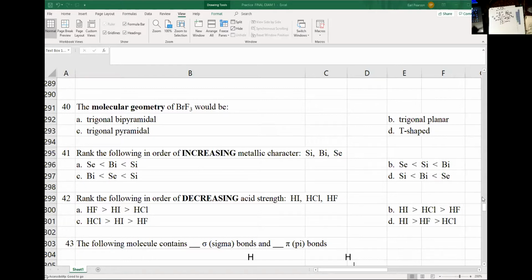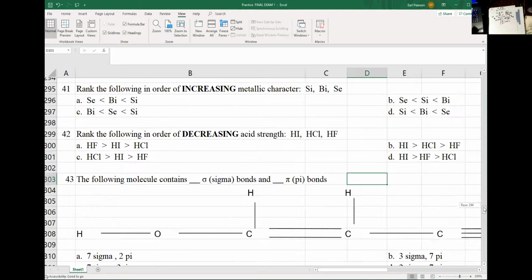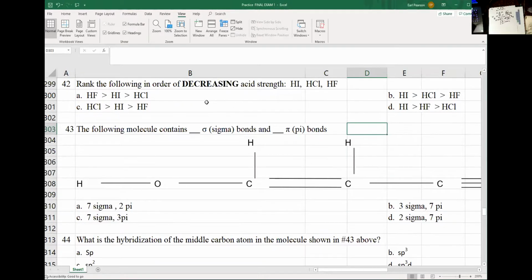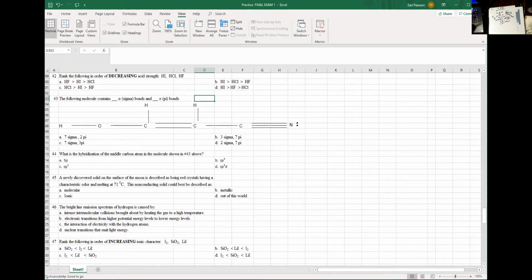And 43, we want to do the number of sigma and pi bonds, and oh my goodness, maybe I need to go back to 100%. The pictures are that big. Okay, so here we go. I'm looking at this molecule and I'm saying, okay, it's all strung out here for me.